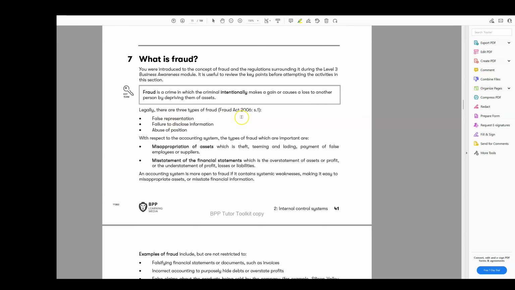Fraud Act 2006: false representation, so we're giving the false representation; failure to disclose information. If we fail to disclose information, that's also fraud. And the abuse of position. If we abuse our position, this is also fraud.